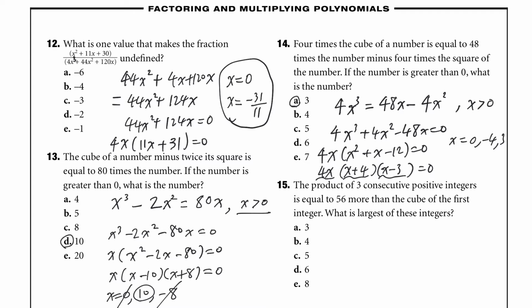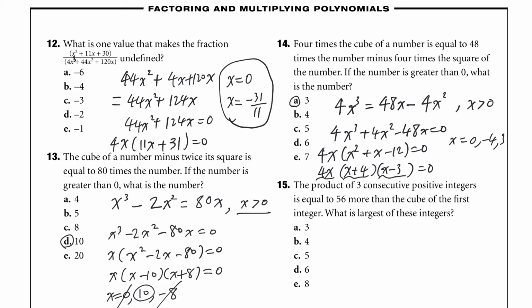Number 15, final question. The product of 3 consecutive positive integers is equal to 56 more than the cube of the first integer. What is the largest of these integers?